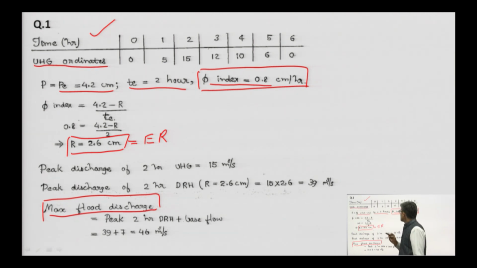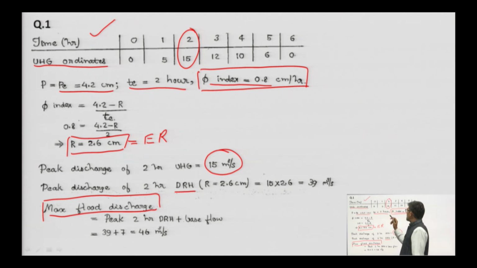What is the peak ordinate? It is at t equal to 2, 15 meter cube per second is the maximum discharge. So, the peak discharge of the 2 hour unit hydrograph is 15 cubic meter per second. So, the peak discharge of the 2 hour DRH, DRH meaning for this particular storm, what will that be?